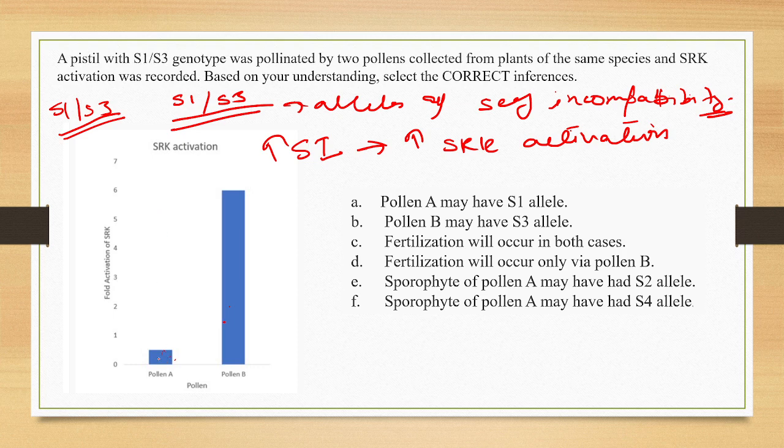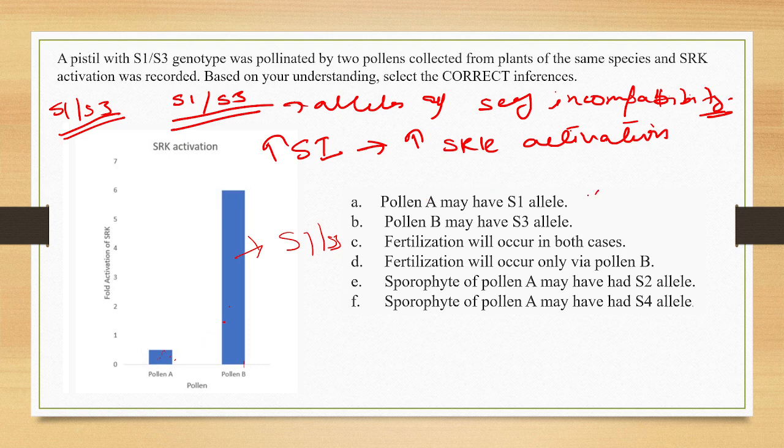Here, in pollen A, since the SRK activation is very less, the self incompatibility is also very less. That means pollen A does not have S1 or S3 genotype. But in pollen B, the self incompatibility is very high because SRK activation is also very high. Therefore, it is likely that the genotype of pollen B is S1 and S3. So pollen A may have S1 allele?